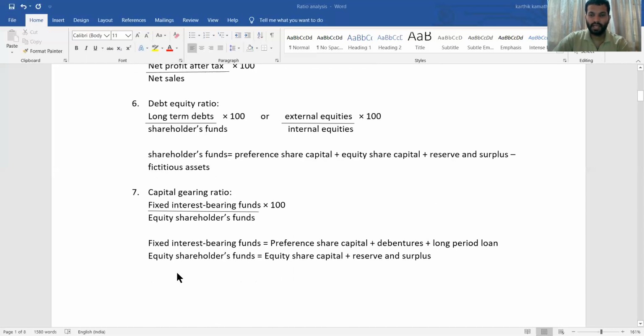Then seventh one, capital gearing ratio. Capital gearing ratio is equal to fixed interest bearing funds divided by equity shareholders fund into 100.